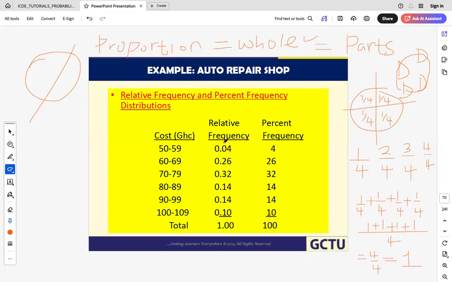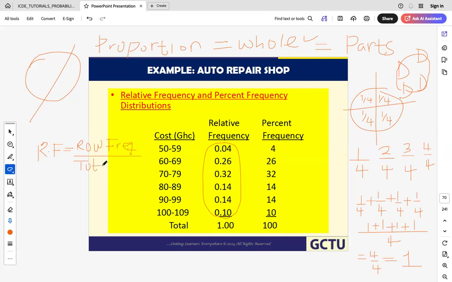So for the relative frequencies you are seeing here, the formula we were using says relative frequency is equal to the row frequency divided by the total frequency.